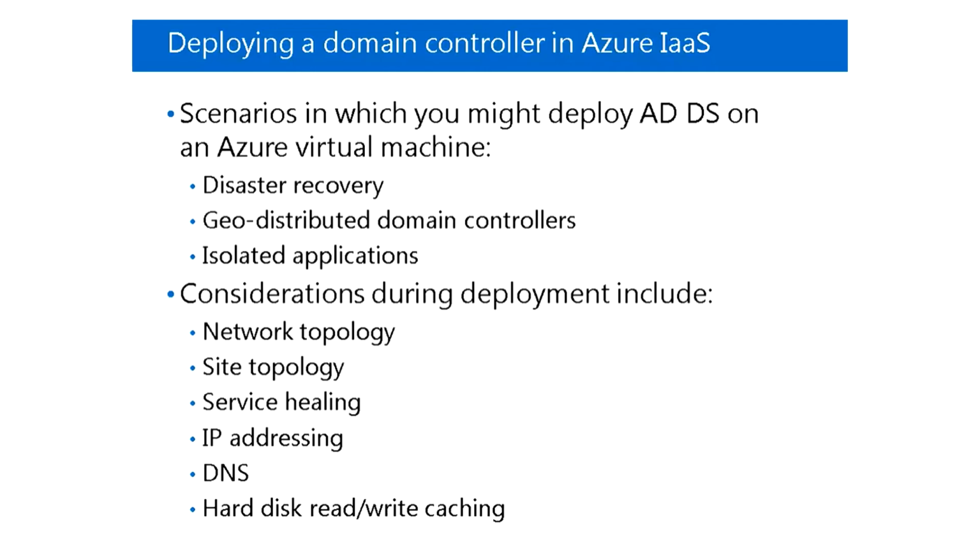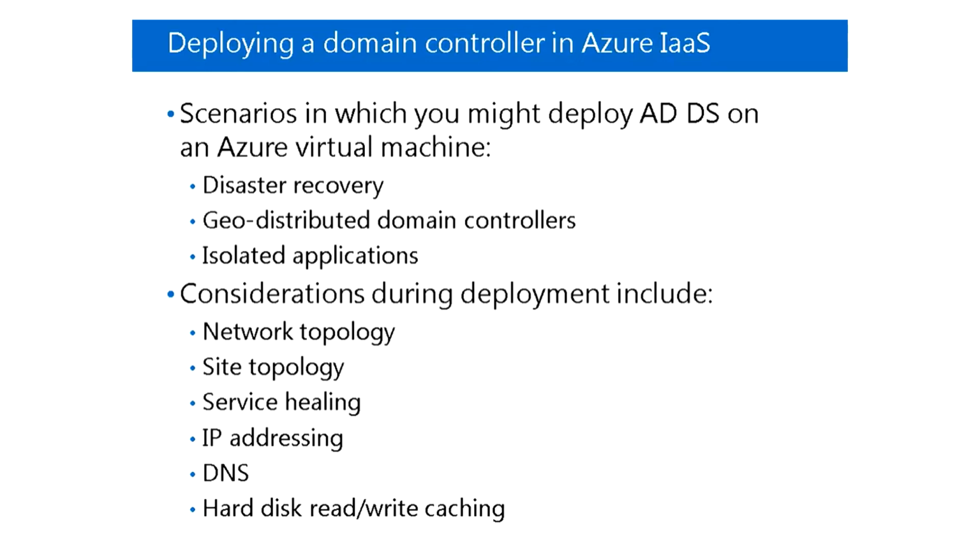In that case, you can consider Azure IaaS. Also geo-distributed domain controllers and isolated applications. If there are any critical applications with a more restricted environment, in those cases you can consider deploying the domain controller in Azure IaaS.